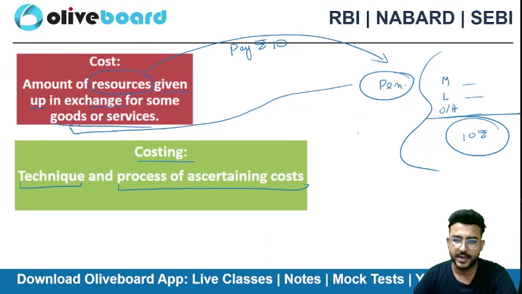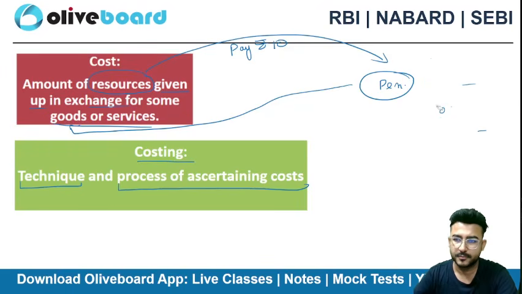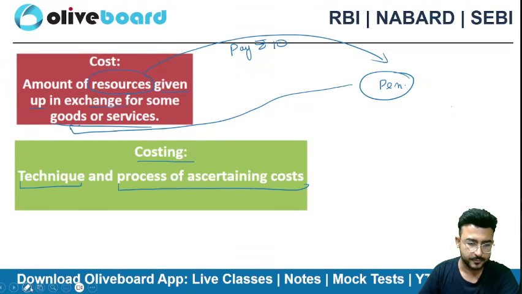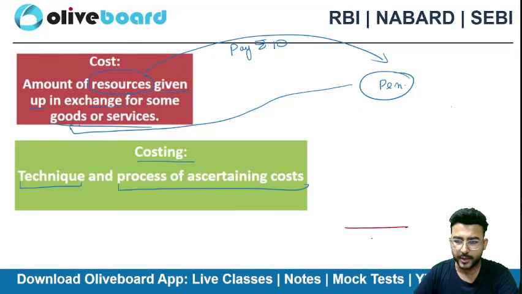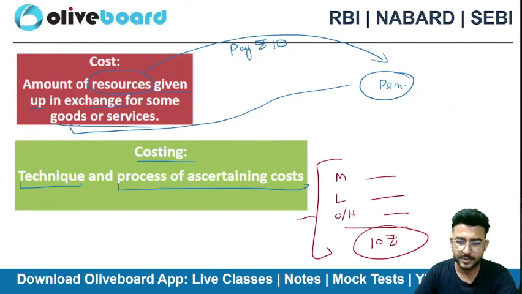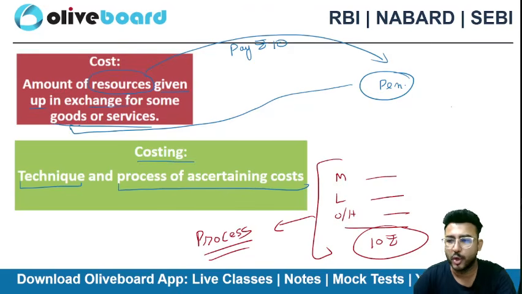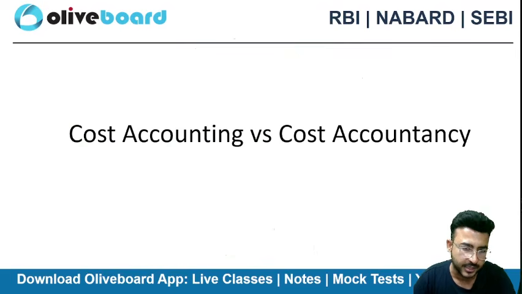There is a particular process for how to calculate this 10 rupees. This process or technique is called costing. So please do remember, whenever we talk about costing, it is merely a process, a technique.